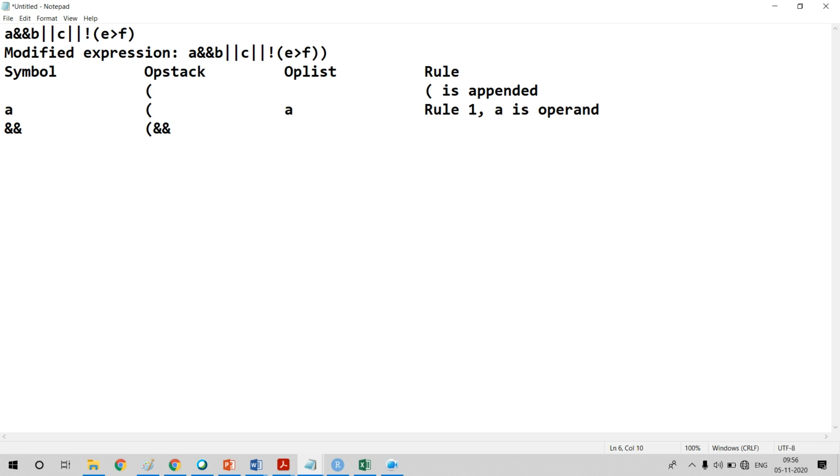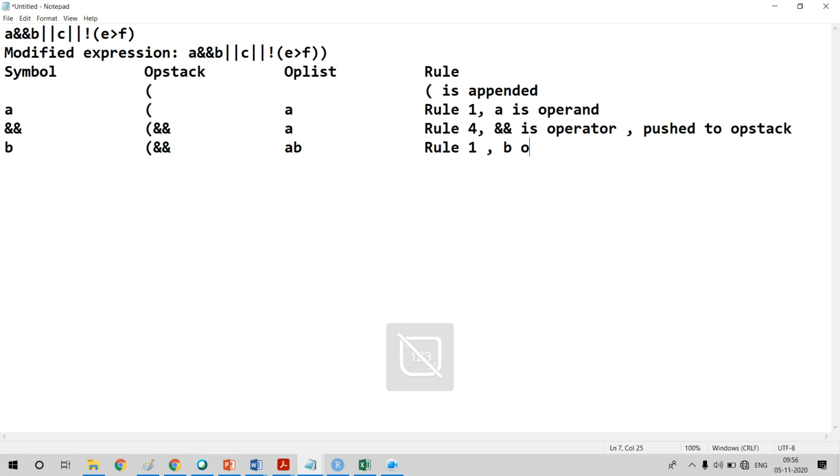So ampersand is put on top of the stack. No changes in the OP list. We have applied rule number 4 because ampersand is an operator and must be pushed to the OP stack. The next symbol is B. B is an operand. As per rule number 1, that is added to the OP list.